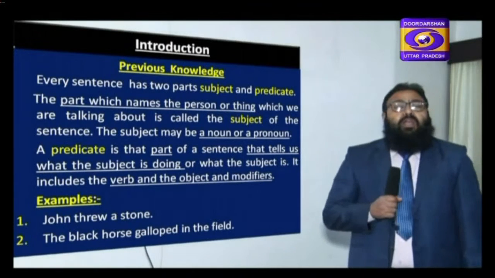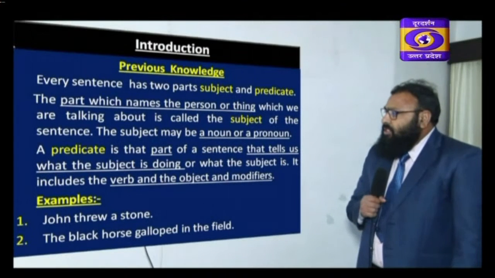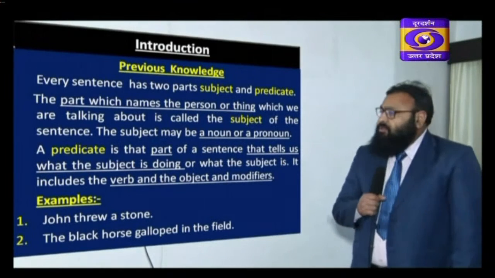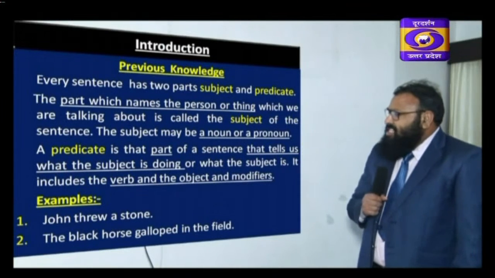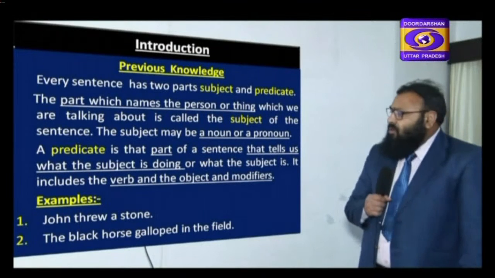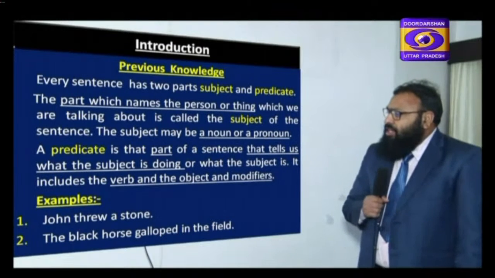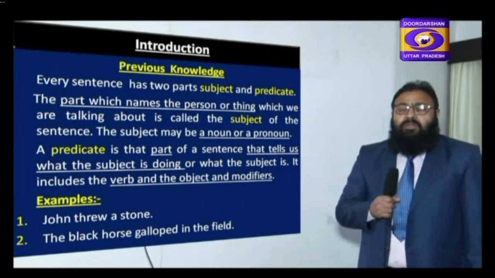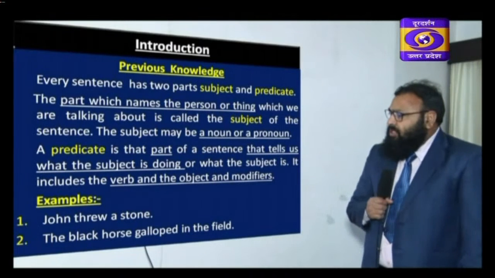The subject may be a noun or a pronoun. A predicate is that part of the sentence that tells us what the subject is doing or what the subject is. It includes the verb, object, and modifiers.